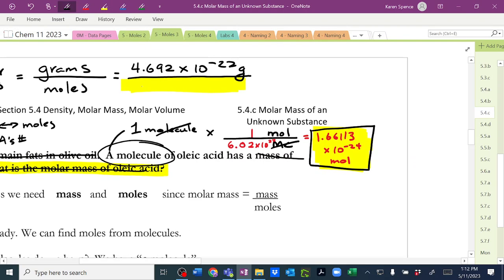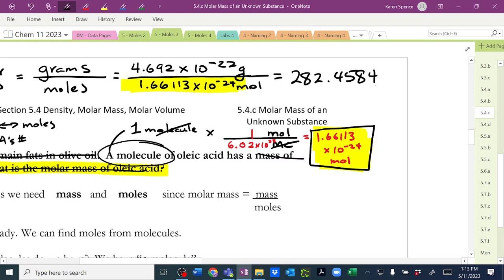So I'm going to put in 1.66113 times 10 to the negative 24 moles, and the mass 4.692 times 10 to the negative 22, and we get 282.4584.